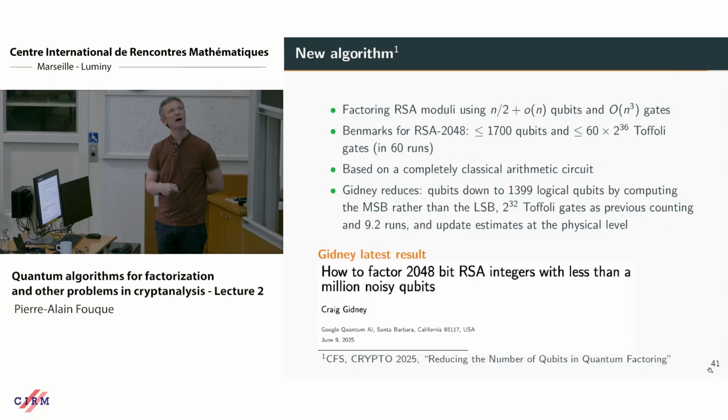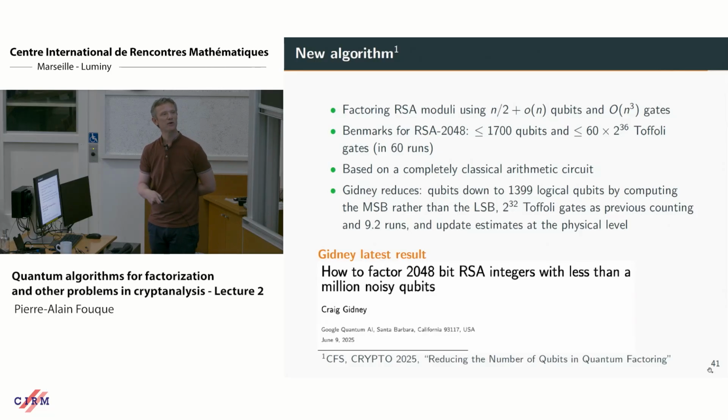And in our work, in fact, we compute the LSB of some value. Here, the LSB is the least significant bit. And he shows that it's better to compute the most significant bit of the value. And he also reduced the number of Toffoli gates and also the number of runs. Okay, so it's something that is much more practical.